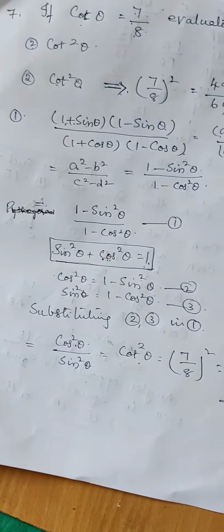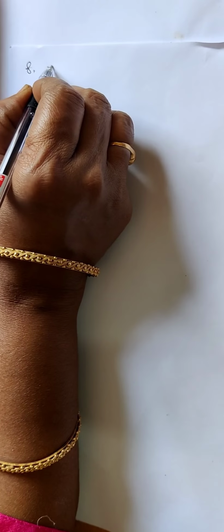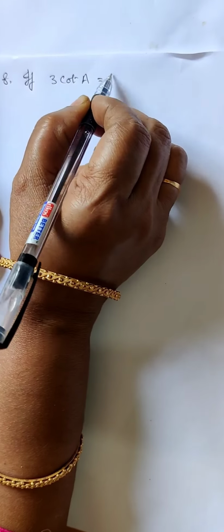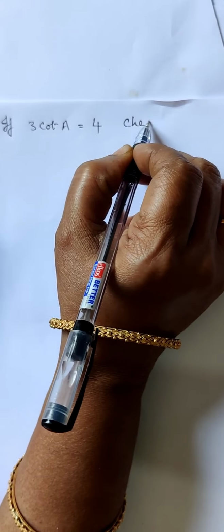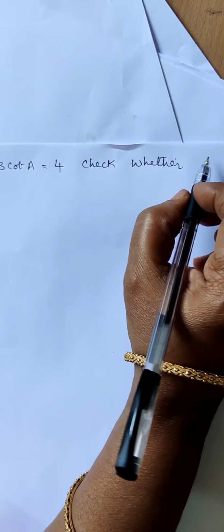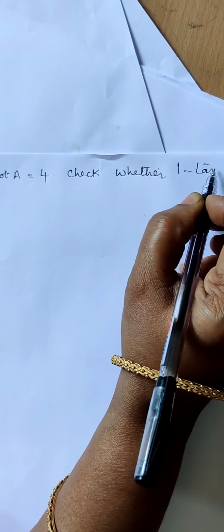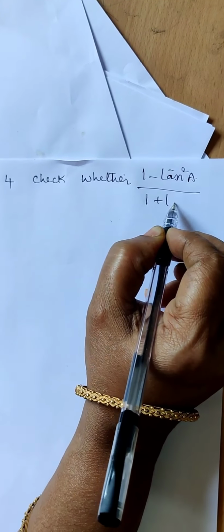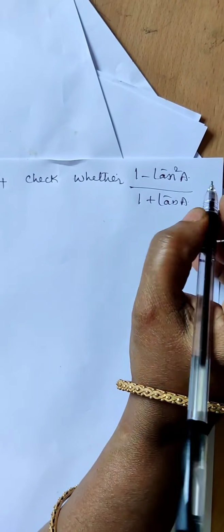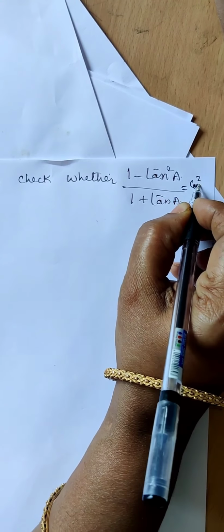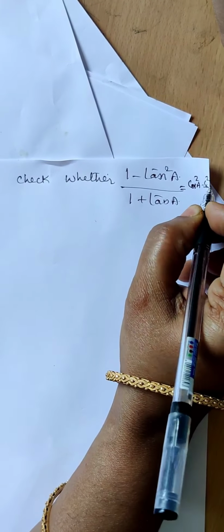So this is the problem. Number 8 problem. If 3 cot A is equal to 4, check whether 1 minus tan square A by 1 plus tan square A is equal to cos square A minus sin square A. So this is the 8th problem.